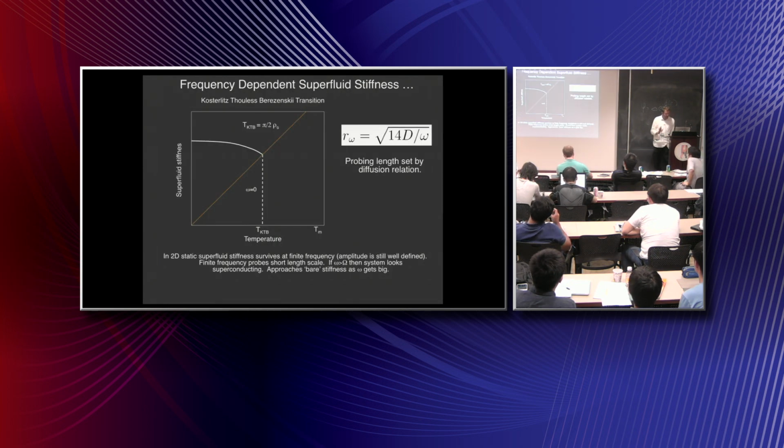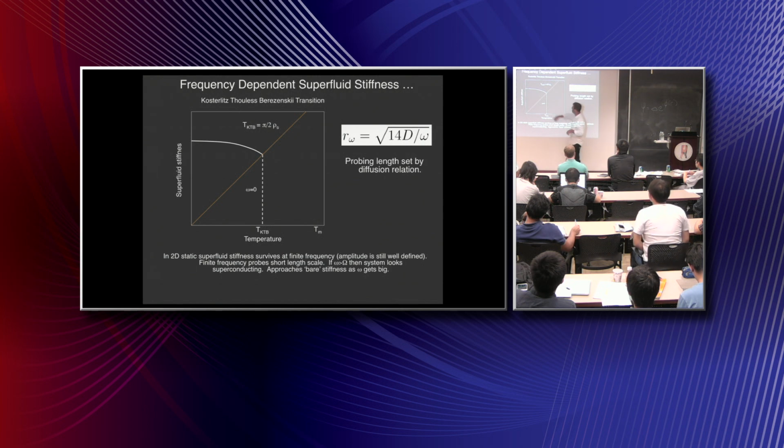Now in a 2D superconductor, one of the things that one might expect is a particular kind of transition which is endemic to 2D XY type models, called the Kosterlitz-Thouless transition. This has the very interesting feature that if you plot the superfluid stiffness as a function of temperature, where by superfluid stiffness I mean this phase stiffness, measured at 0 frequency, the strength of this delta function plotted as a function of frequency.